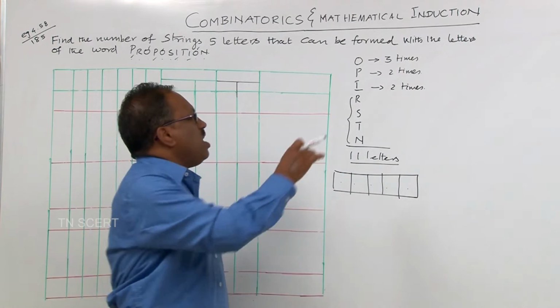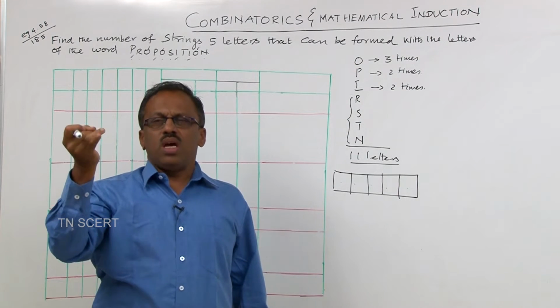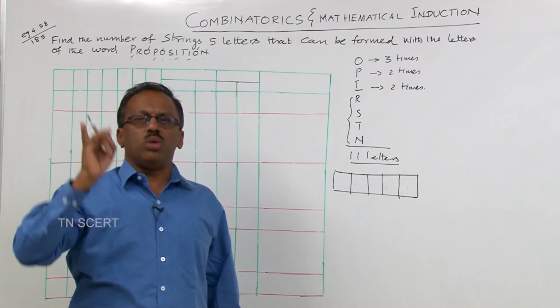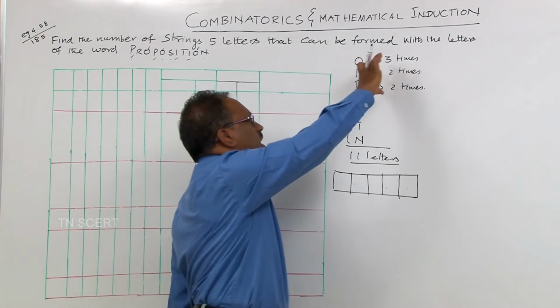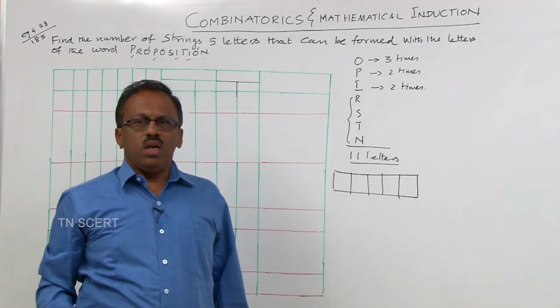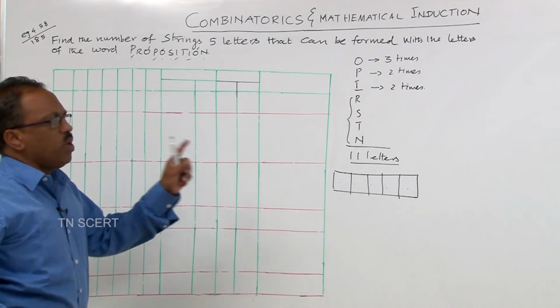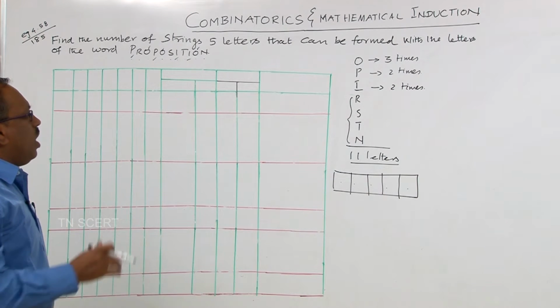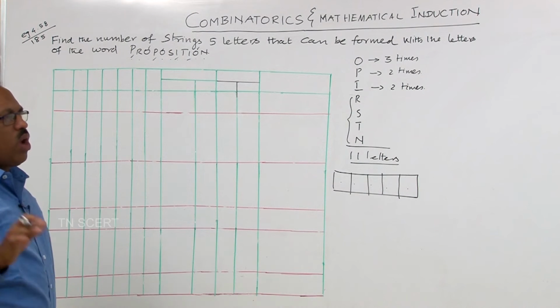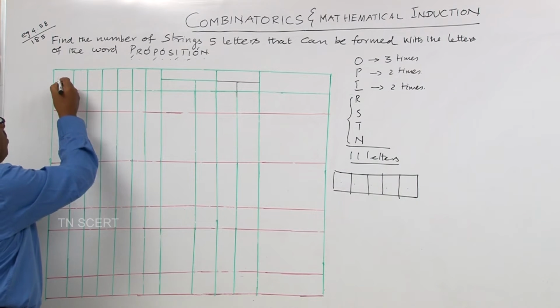And these are the letters that come 3 times, 2 times, and 2 times. So totally it is 7 and 4, 11 letters. Out of these letters, what are the possible ways? Let me take all these for your understanding. It is a very simple way.